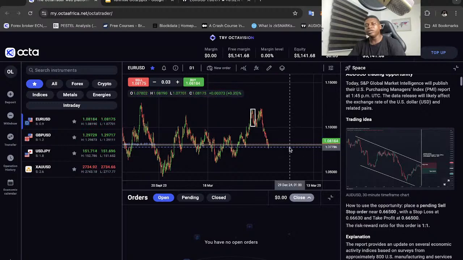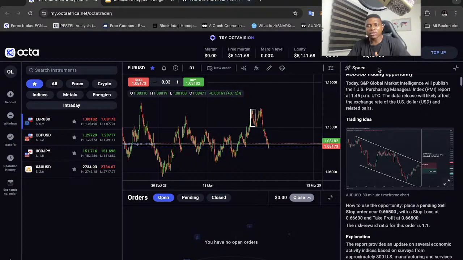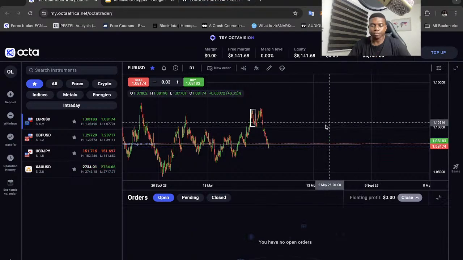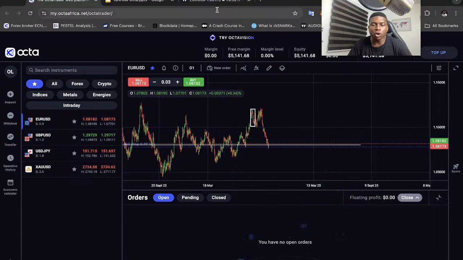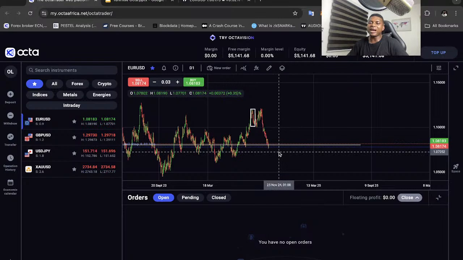Interestingly, I want to believe that we know what a sell stop order means. What a sell stop order means is that it would only sell when price goes on and below the price level. That is when it's going to sell.